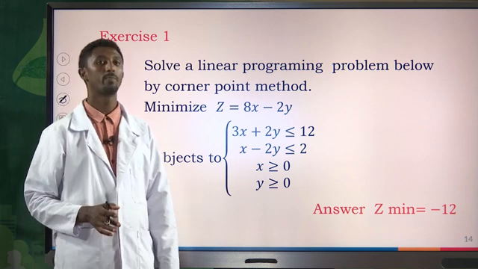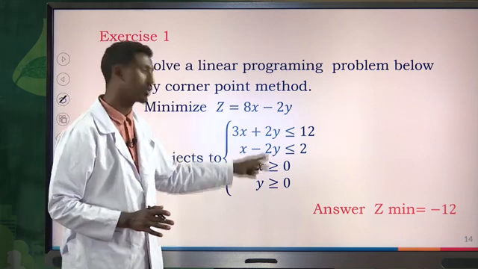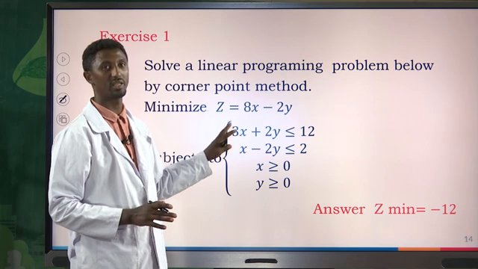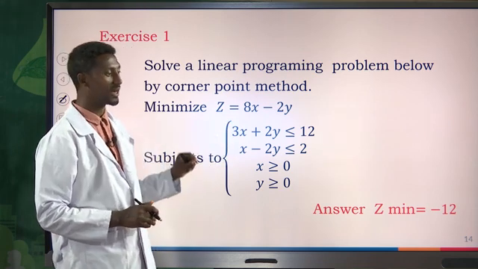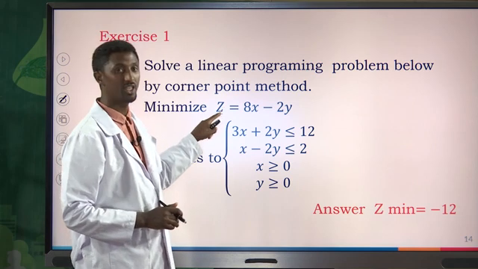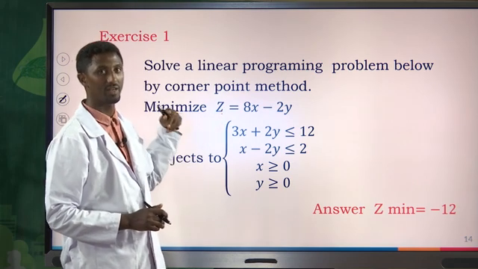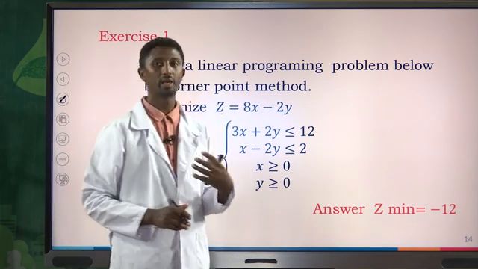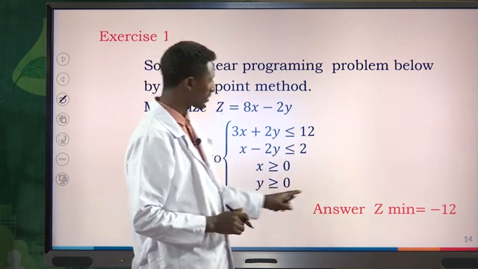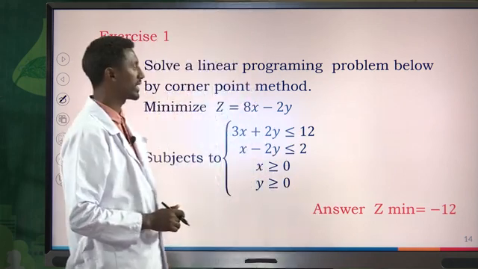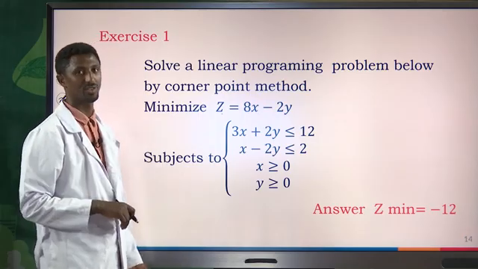So follow the procedure: draw these constraints, identify the feasible region, find all corner points and evaluate z at each of the corner points. Then after you evaluate, pick the minimum value of the objective function. So the minimum value is minus 12. Do it and check the answer.